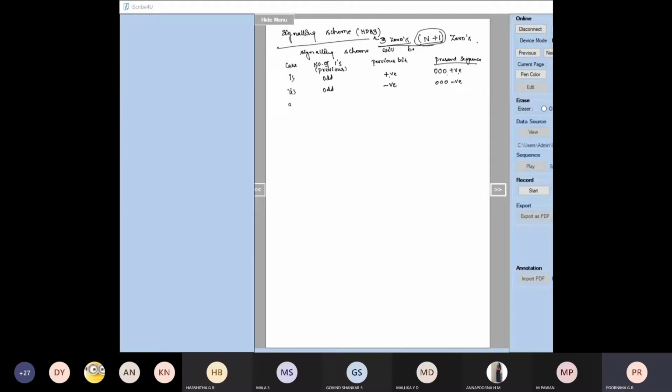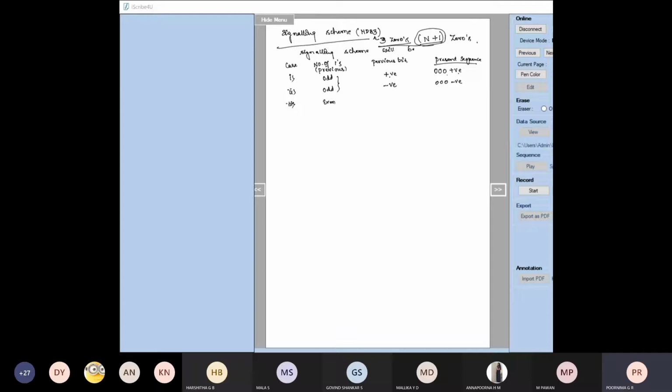What are the other combinations of the sequence or the number of ones you may get? The odd case we have considered. Similarly, you go for an even number of ones. When I illustrate through one or two problems, you will understand how exactly this HDB3 coding works.